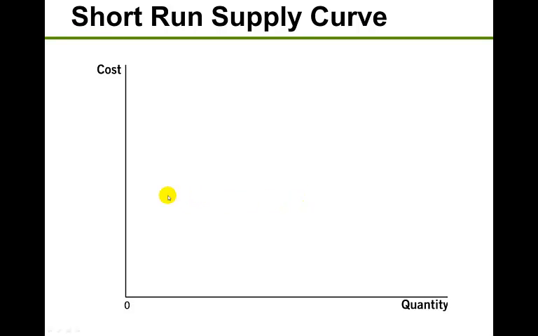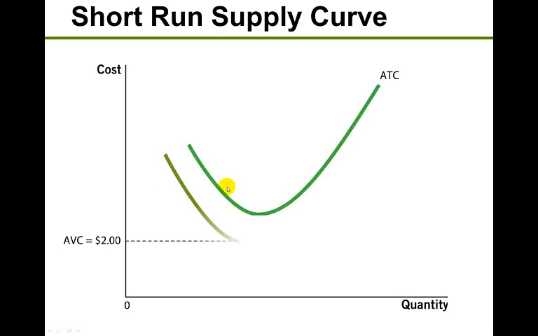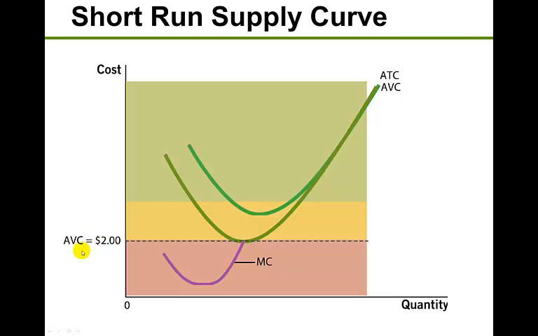So I can put this all together to derive a supply curve for my firm in the short run. Let's draw our cost curves again. Here are my three areas of making a profit, making a loss, and shutting down. As long as the price is above the minimum average variable cost, I'm going to be open for business.